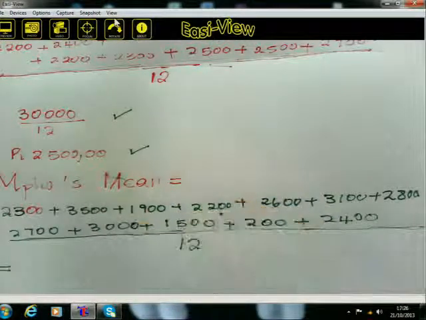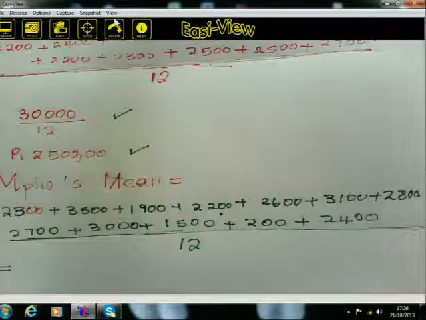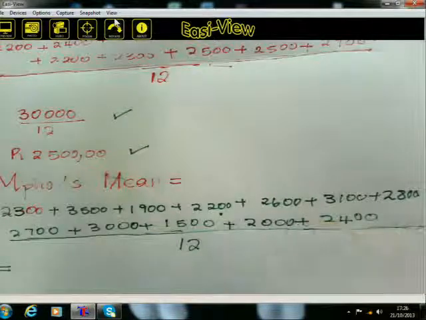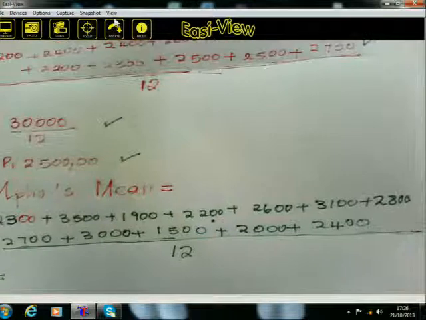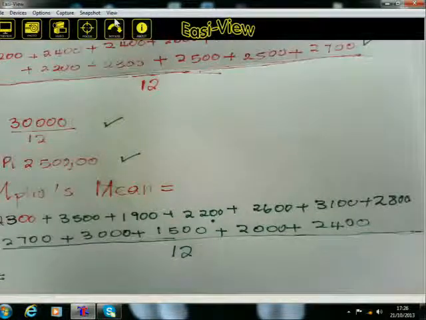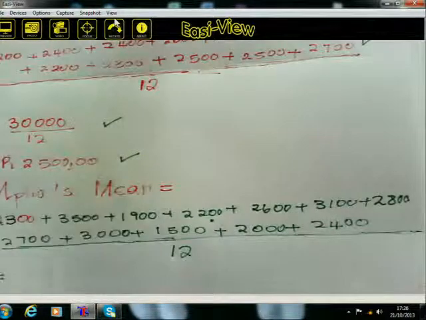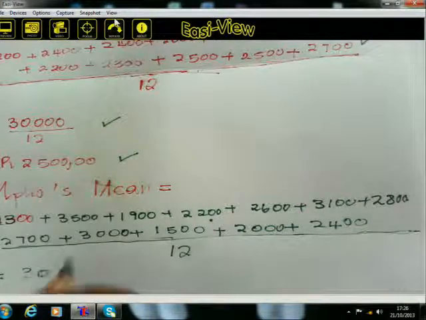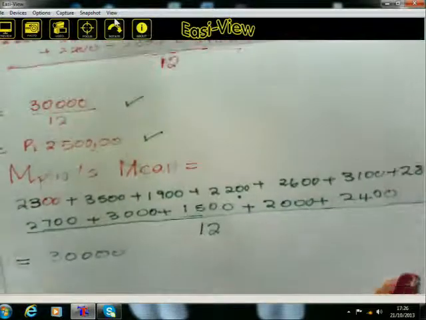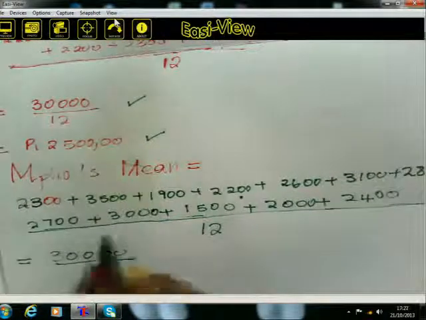Yes, we left a 3 there. Is what? 3,000 plus 3,000 plus 1,500 plus 2,000 plus 2,000 plus 2,400. Because we are in a hurry, we are committing mistakes now. Which is 30,000. You got 30,000 for Mpho's mean. So we divide it by 12.